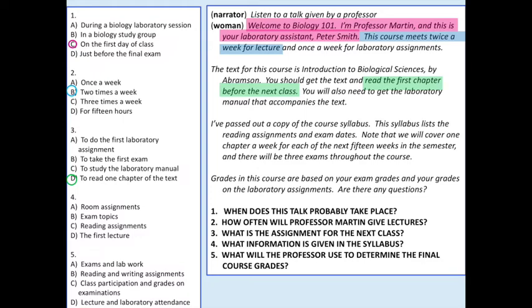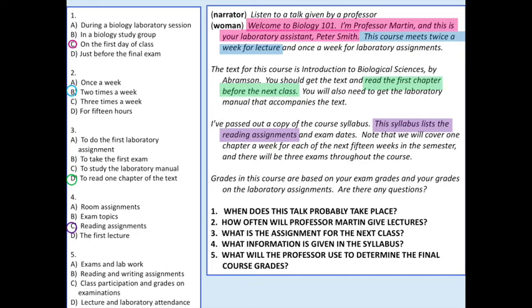Number 4. What information is given in the syllabus? Here, she said, this syllabus lists the reading assignments and exam dates. So the answer to number 4 is C, cat, reading assignments.